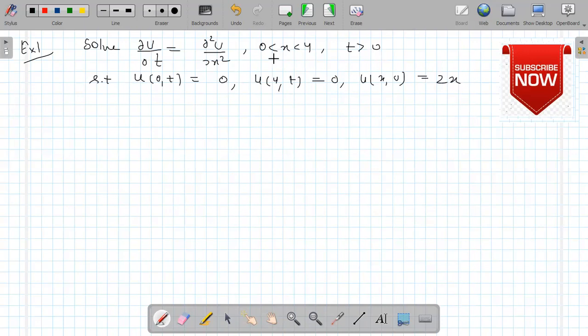So as you can see here that the limit of the variable is from 0 to 4, which is finite. So we will apply here finite Fourier sine or cosine transform.